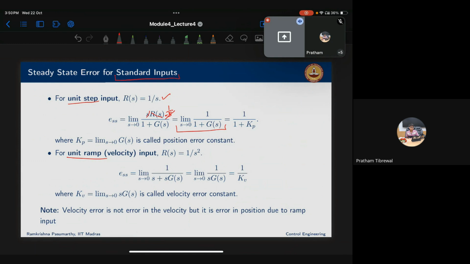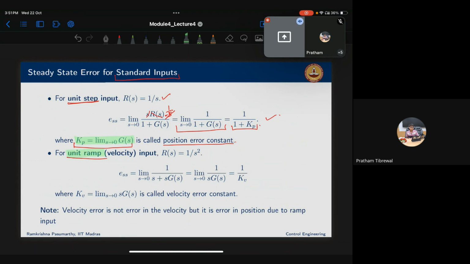That can be written as 1 by 1 plus Kp, where Kp is called the position error constant. So the steady state error for step input is 1 by 1 plus Kp.